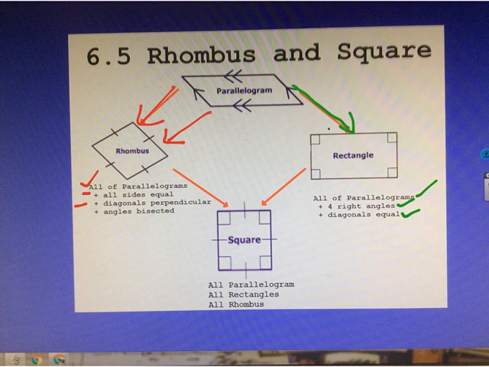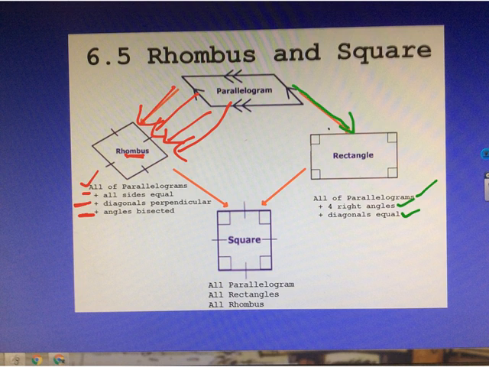If it's a parallelogram and the diagonals are perpendicular to each other, then it's a rhombus. And if it's a parallelogram and the angles are bisected, then it's a rhombus.